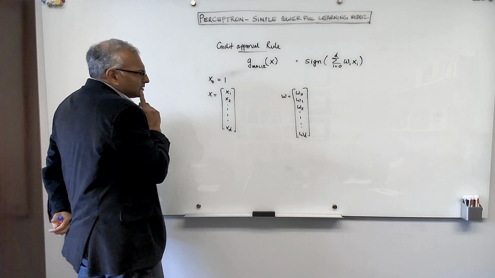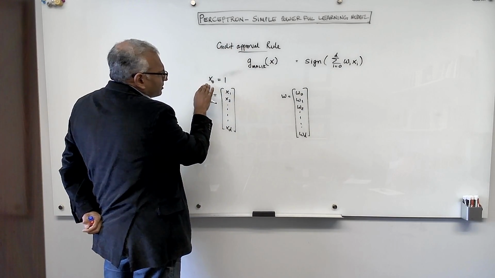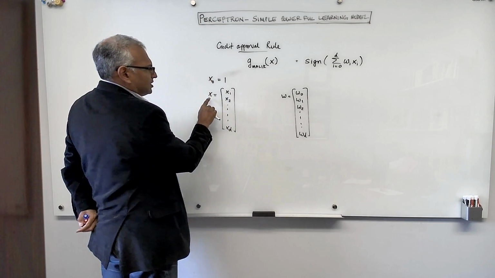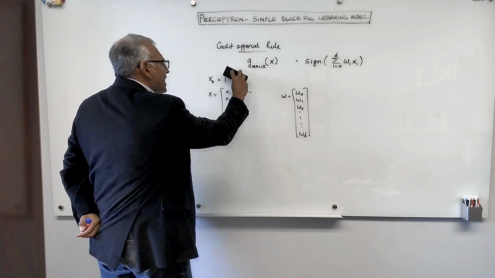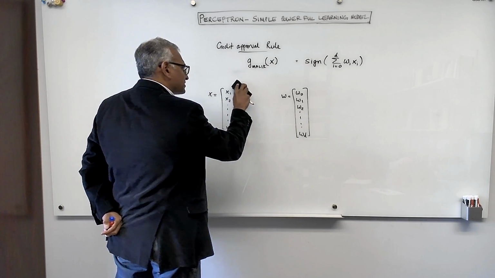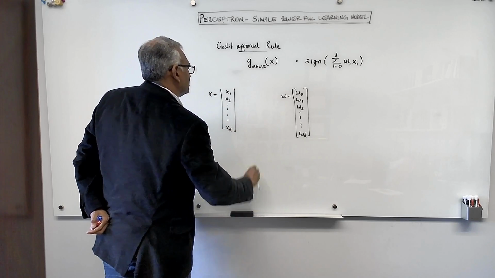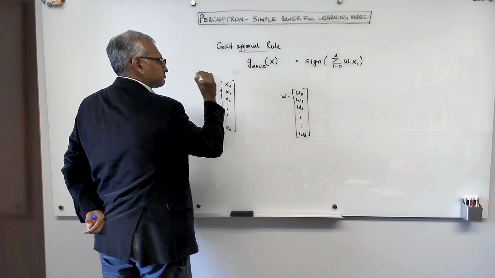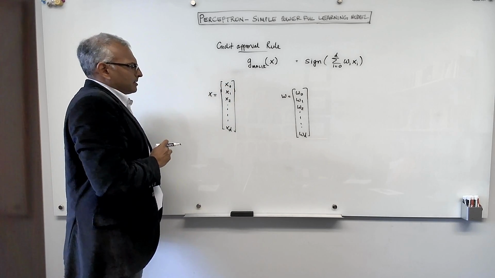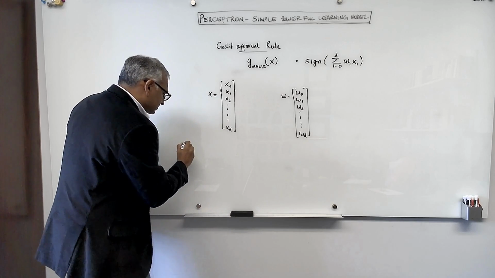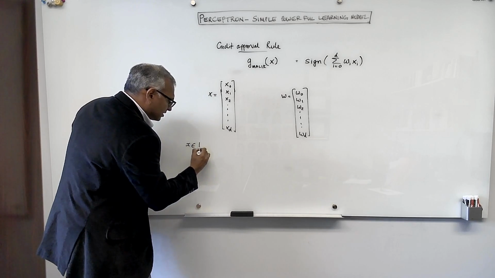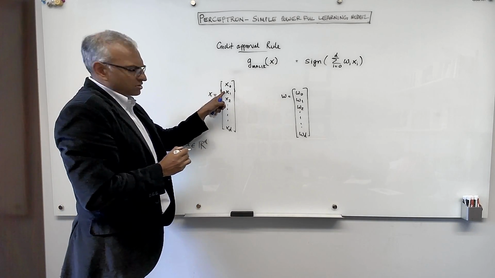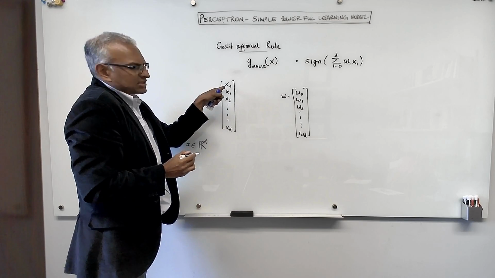Well, why don't I just forget about the fact that x0 is equal to 1 and incorporate that into x. So let me add a new component to x, which is x0. The original x was in R to the d. Now I'm taking this original x, which consisted of components 1 to d, and I'm adding x0 in here.